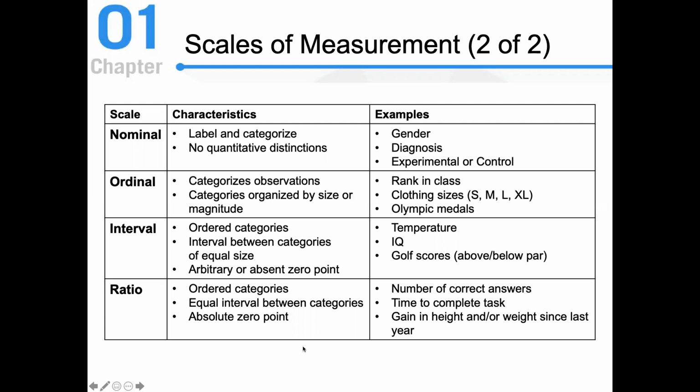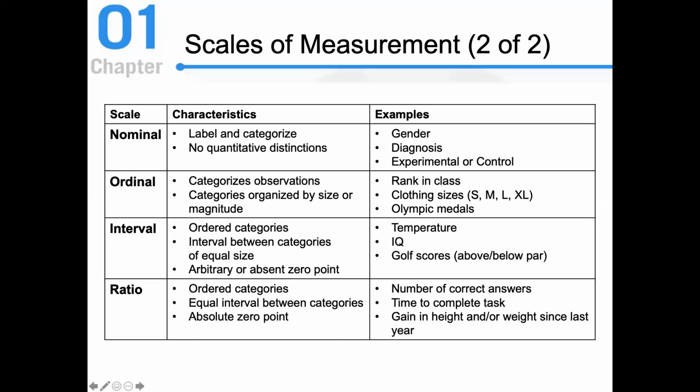Interval, ordered categories, intervals between categories of equal size, arbitrary or absent zero point. Temperature, IQ, golf scores above or below par. And ratio, ordered categories, equal intervals between categories, absolute zero point. Number of correct answers, time to complete a task, gain in height and or weight since the last year.